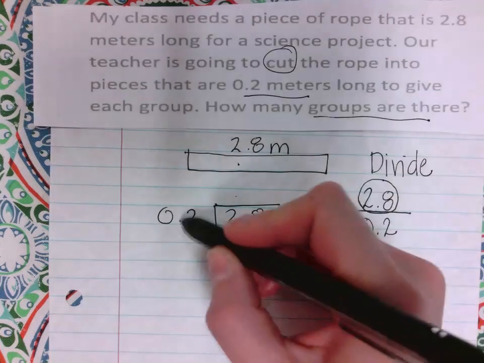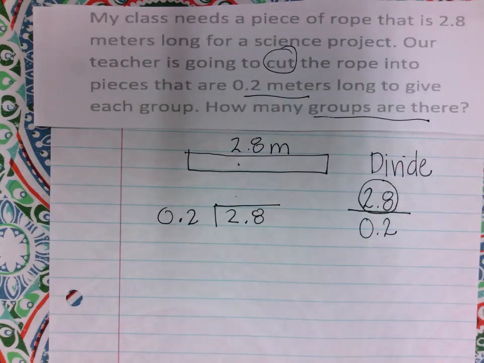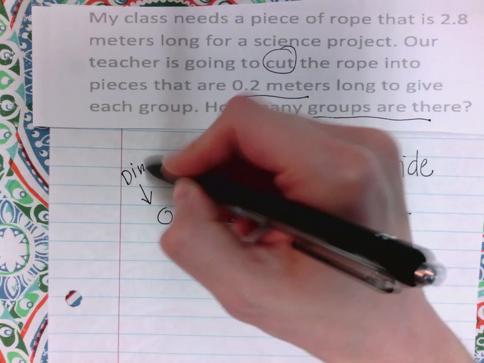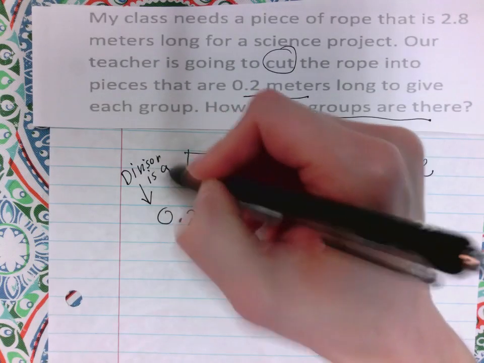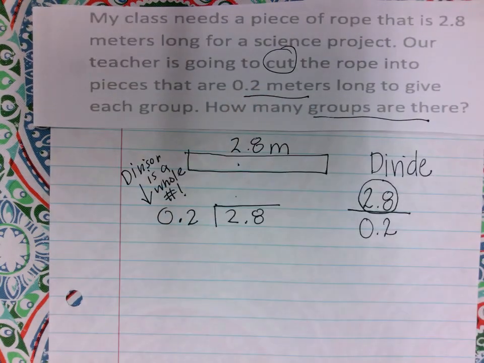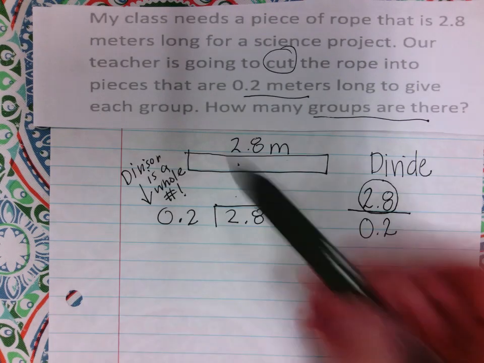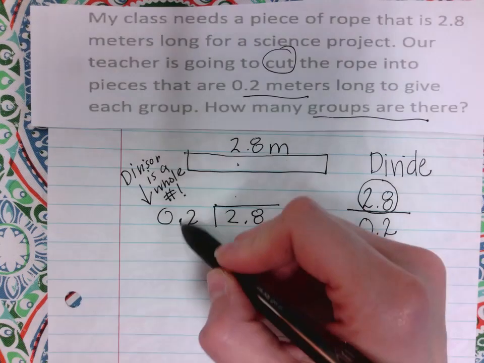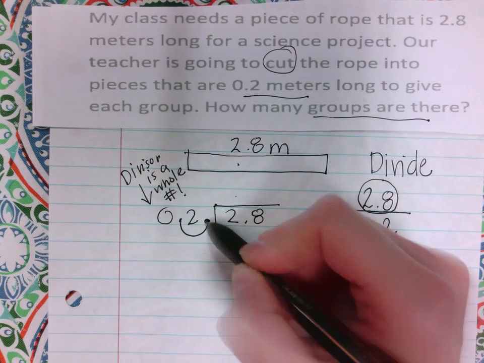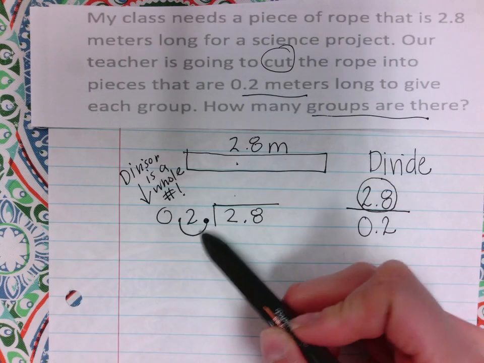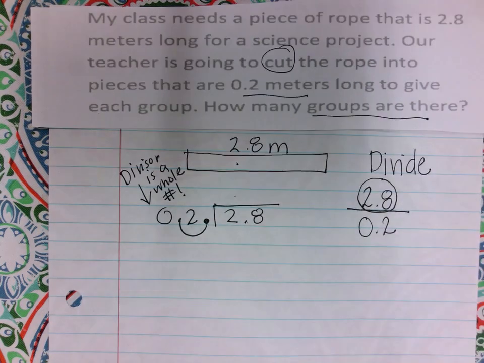Now, here's our rule for dividing a decimal. We have to make sure that our divisor is a whole number. If it's not a whole number, we have to make it that way. In this case, it is not a whole number. So all we're going to do is move our decimal one time, and we now have a whole number. The rule is if you move the decimal here, you move it that many times on the inside.